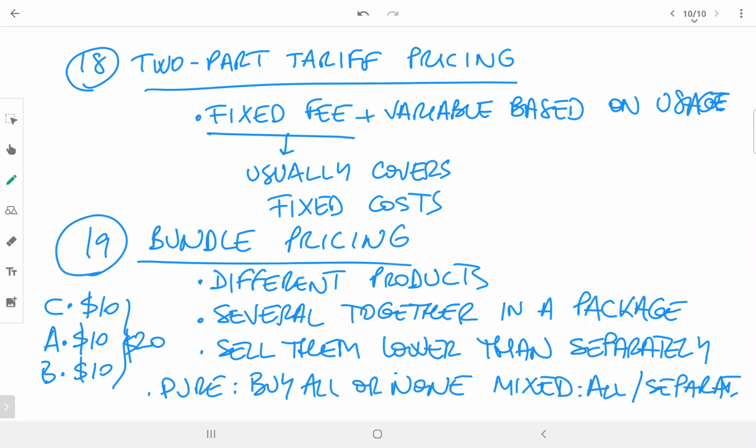Can you think of any examples of bundle pricing? Cable companies. Disney Channel. Somebody said cable companies? Yes. You buy the package, your phone and internet through them, then it's super cheap. If not, it's extremely high individually. Exactly. The all-inclusive resorts, right?